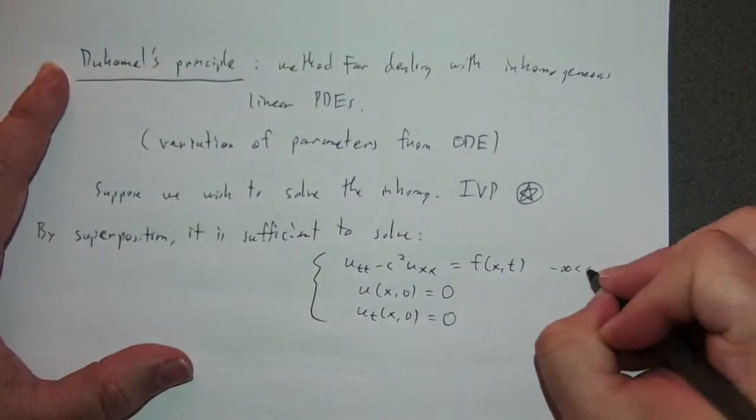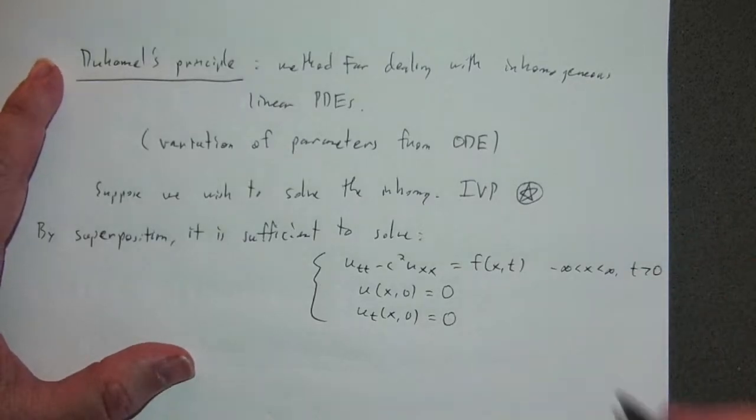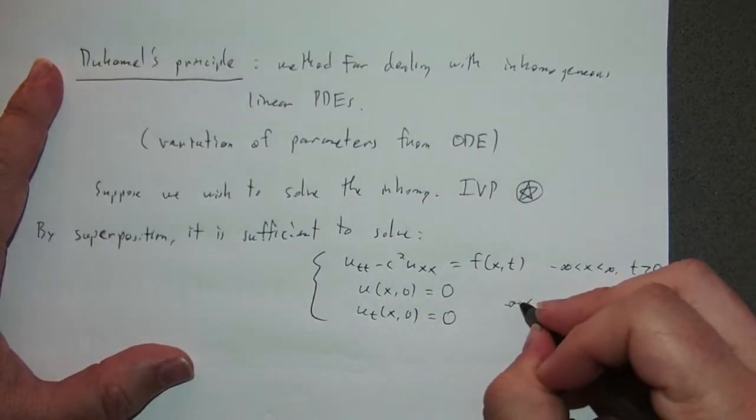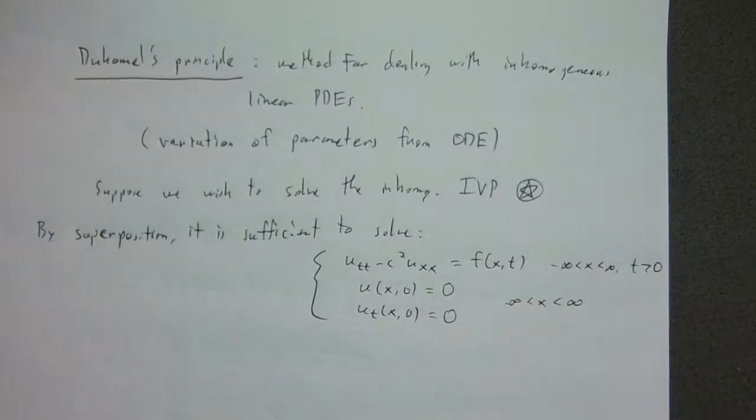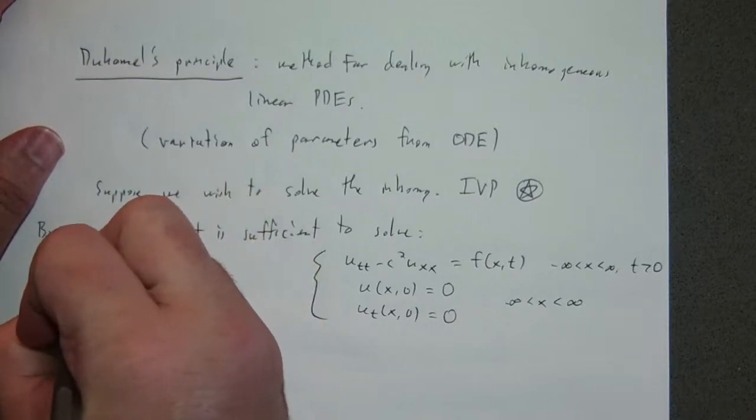I'm not going to rewrite them every single time, but it is helpful here. So why is it sufficient to solve this? Because if I had a solution to this, what could I do? I could add it to a solution to this.